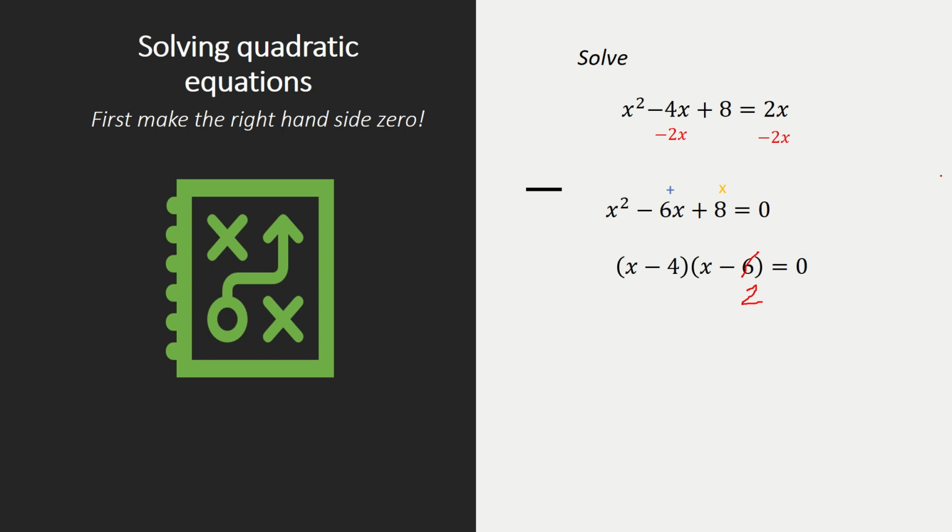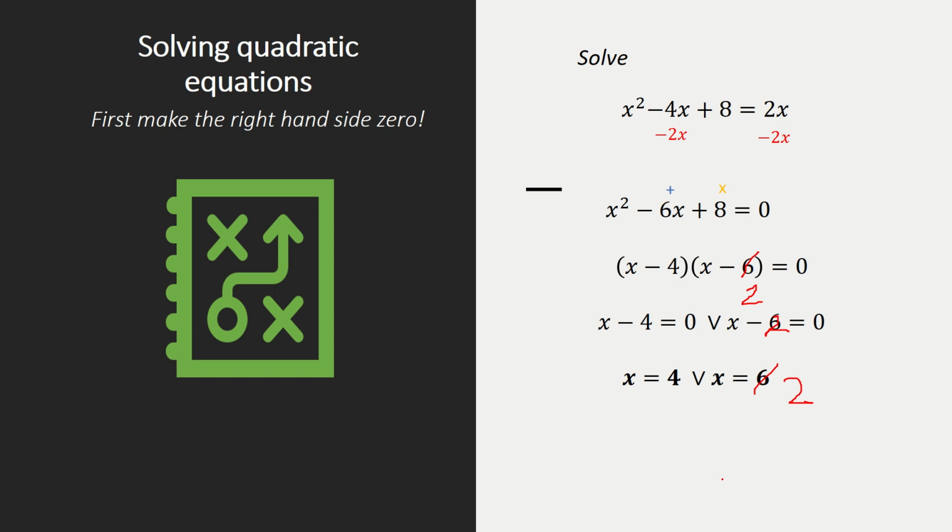So we know that either x minus 4 needs to be 0, or x minus 2 equals 0. That is my mistake. So always check your answer. That's very important. You will learn that because of me. So x minus 4 equals 0. So we know x is 4, or x minus 2 equals 0, or x equals 2.